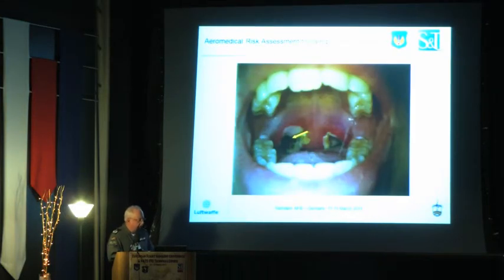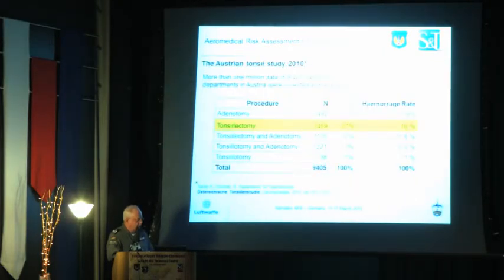The main risk, as you can see here, starts sometimes very slight and increases in a heavy manner. Is the hemorrhagic rate. There's a big Austrian tonsil study that was published last year, and nearly 10 million patients were regarded in 32 ENT departments in Austria.